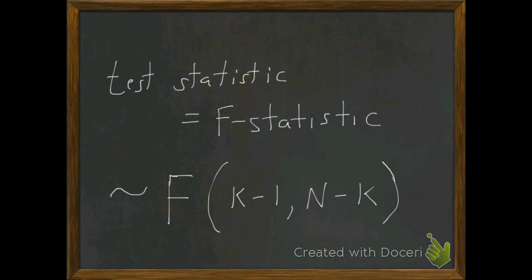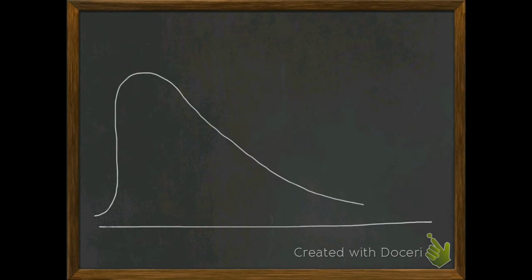Now, the F distribution in general, the t distribution and the normal distribution are bell-shaped and symmetric. The F distribution is a positively skewed distribution. So when we calculate our F statistic, let's see, let's get this where you guys can read it.